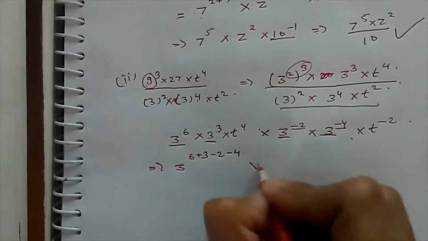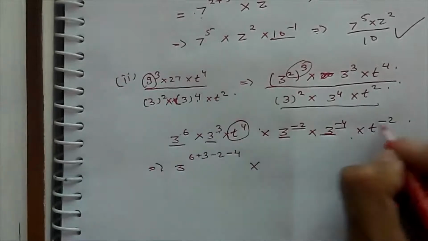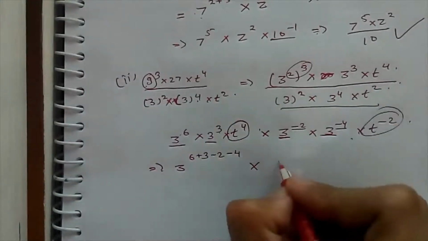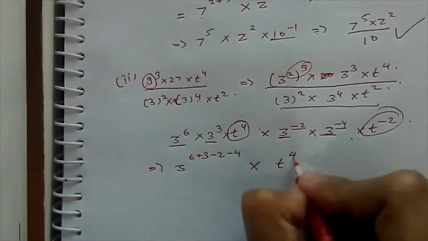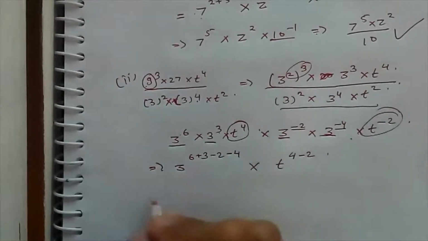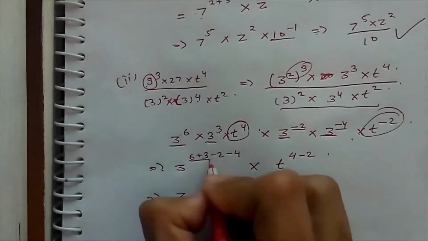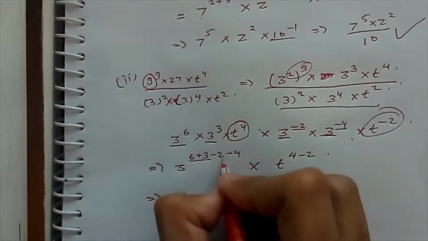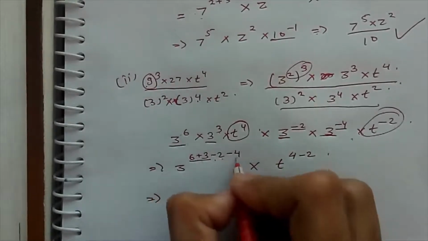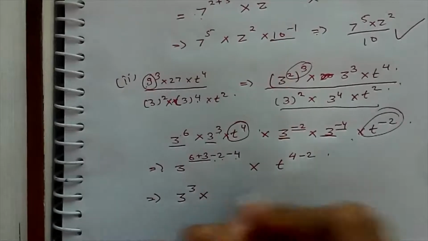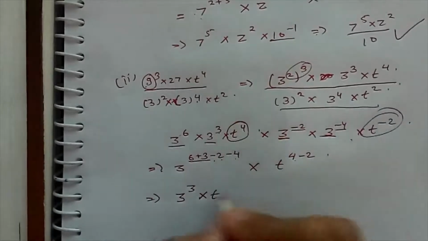Again for t terms, there are only 2 t terms, we will write it as t to the power 4 minus 2. 6, 3, 9, 9 minus 2 is 7, 7 minus 4 is 3, t to the power 2.